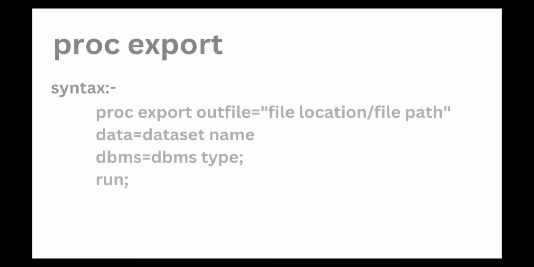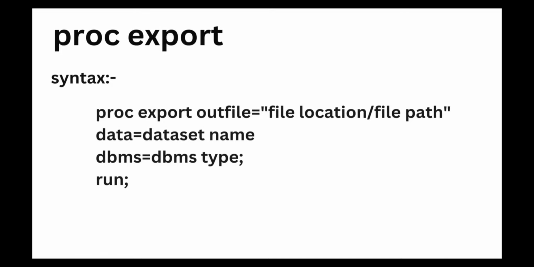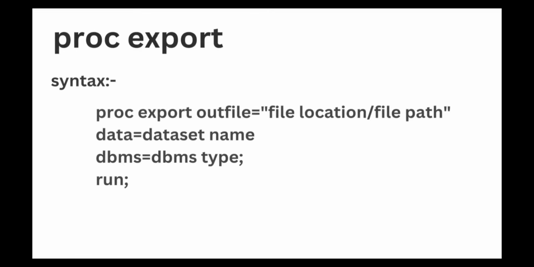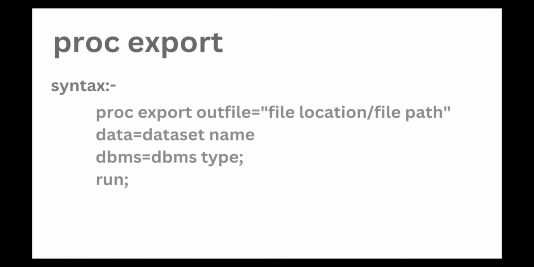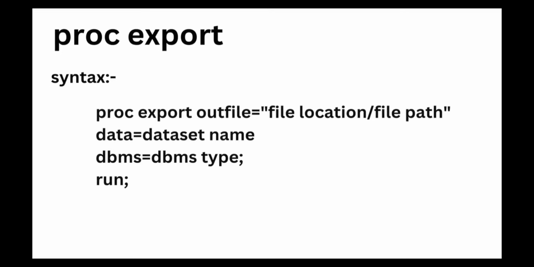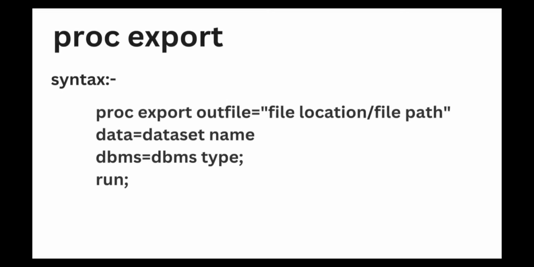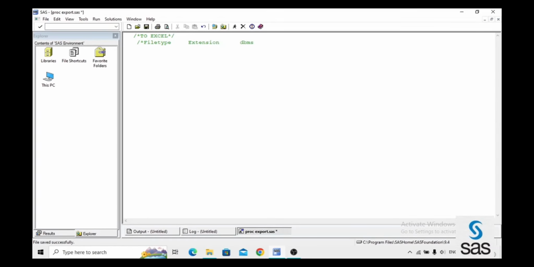The syntax is PROC EXPORT DATA equals dataset name, OUTFILE equals file location or file path, and DBMS equals DBMS type. The DBMS types are the same as in PROC IMPORT. For Excel, if the extension is XLS or XLSX, then the DBMS type will be XLS or XLSX.